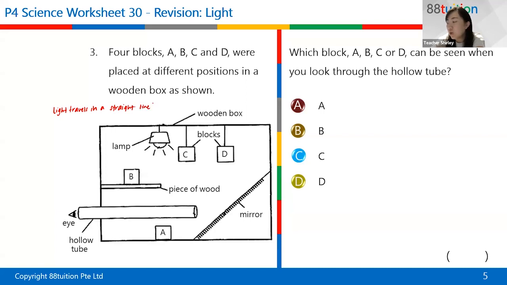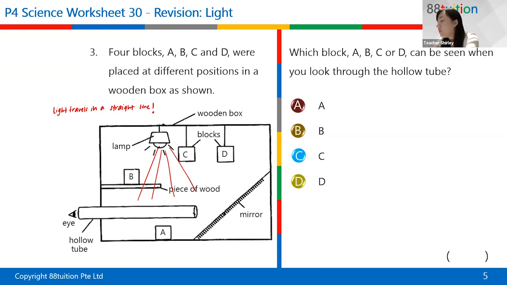Okay, the underlying concept is that light travels in a straight line. So since this is the light, okay, but at the same time, because this lamp has radius light in different positions, it's a straight line, right? As long as it's a straight line, basically.